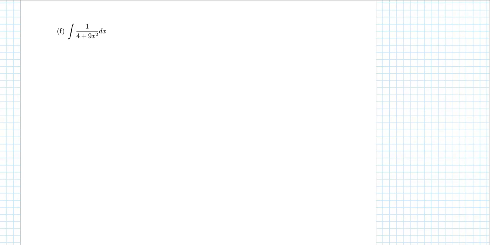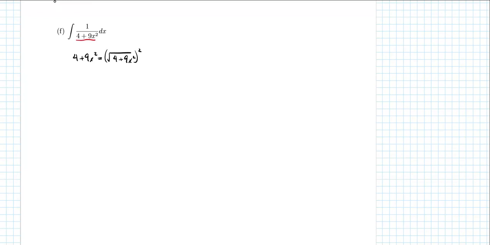Alright, so for this one here, what do we notice? Well, I see that in the denominator I have a sum of squares. Now, it's just a sum of squares though. We don't have a square root. Well, we can be a little bit clever here and say that technically we could make it have a square root, because we can think of 4 plus 9x squared as the same thing as the square root of (4 plus 9x squared) squared.